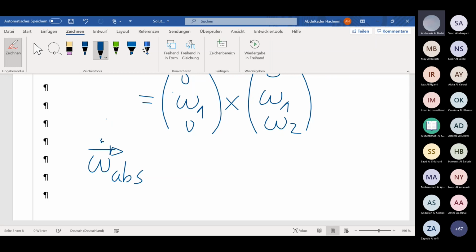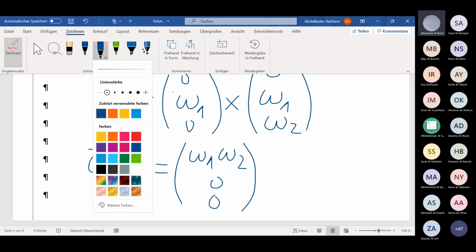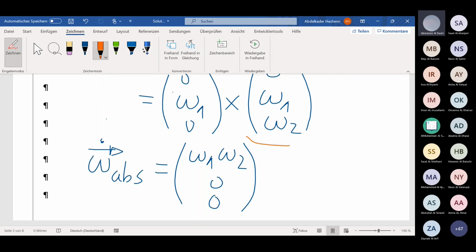Dot the angular acceleration. Then we get here the value of omega 1 multiplied by omega 2 and 0, 0. Okay, this is what it's asked for.